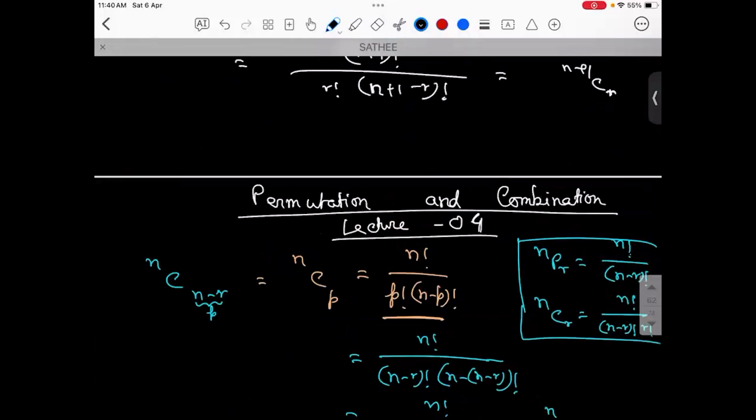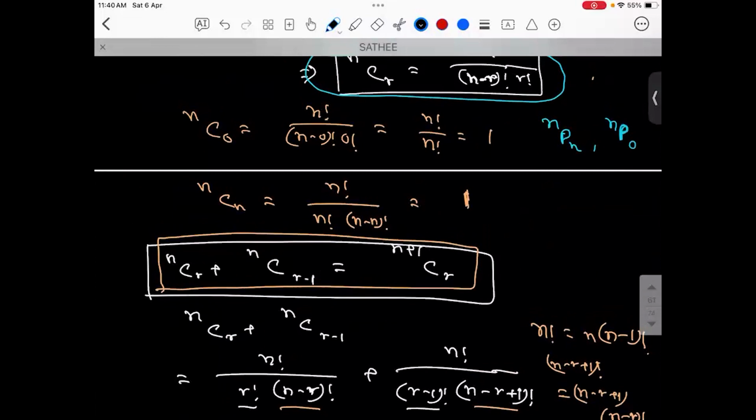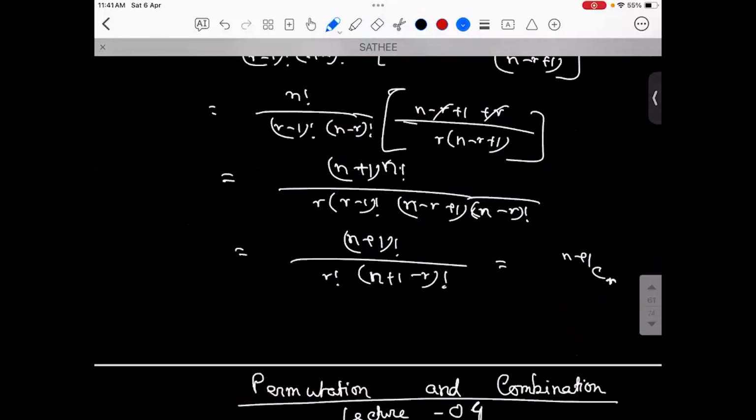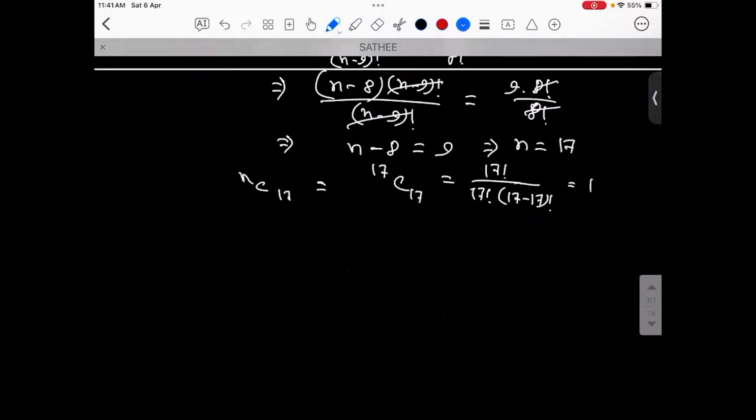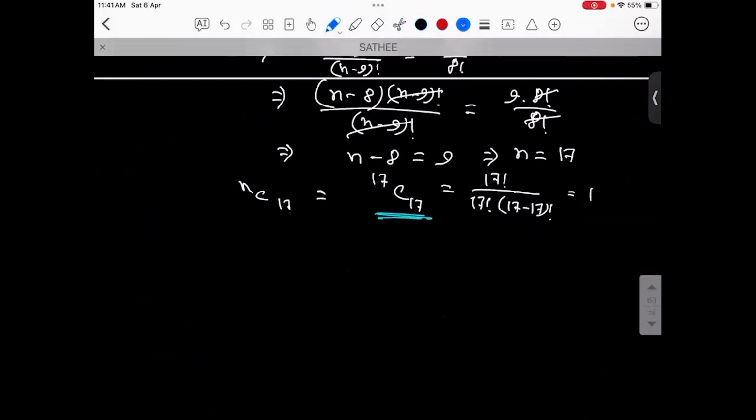Now in this case, clearly if someone knows the formulas nC0 and nCn, then he can easily, in just one step, by observing this term, write the answer. He doesn't need to calculate all these things. But if you don't know, you can do some calculation to obtain this answer.